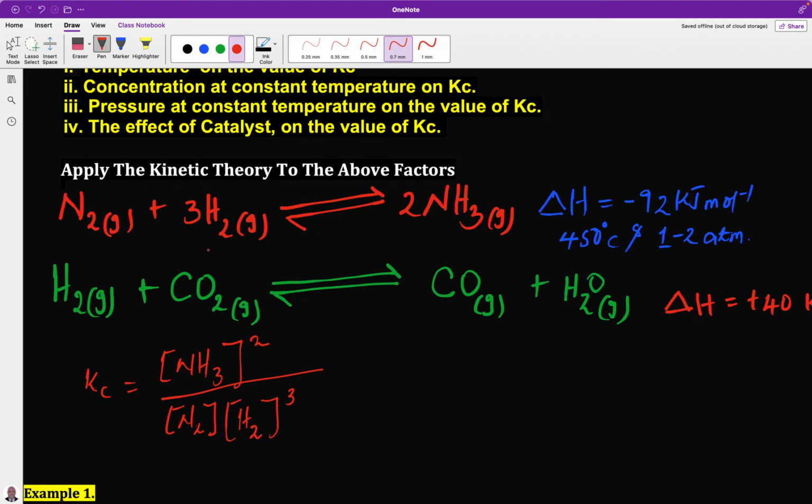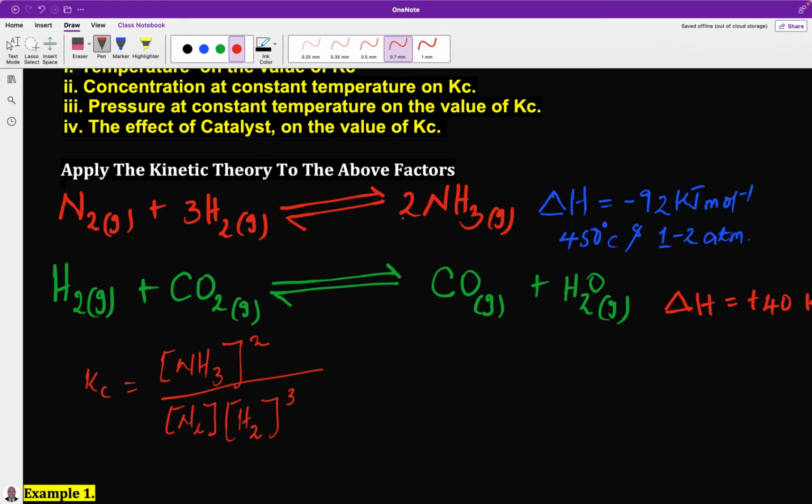In this system, if the pressure is decreased, for it to be increased, according to Le Chatelier's principle, the equilibrium will shift from right to left. Equilibrium will shift from the region of less number of gaseous molecules to the region of more gaseous molecules.